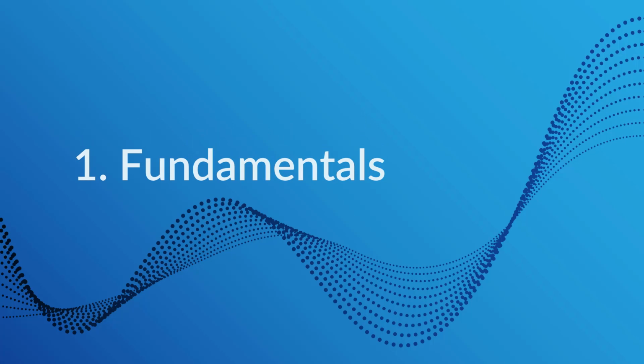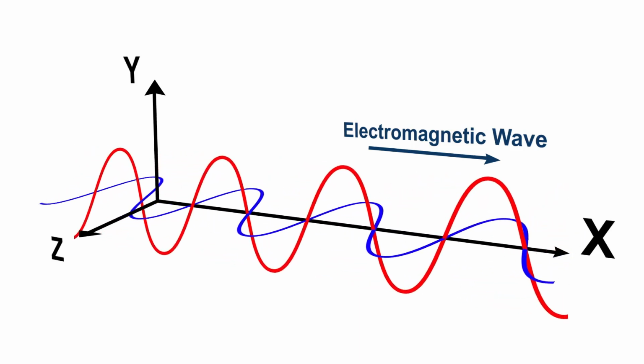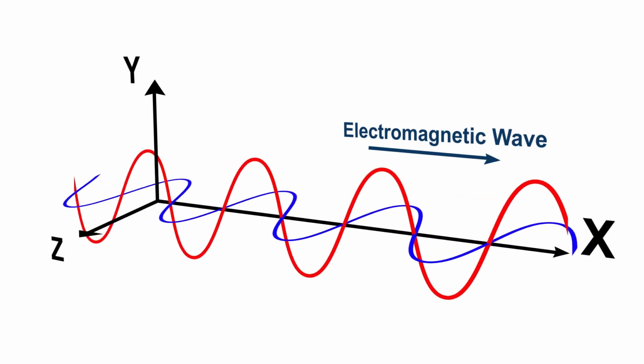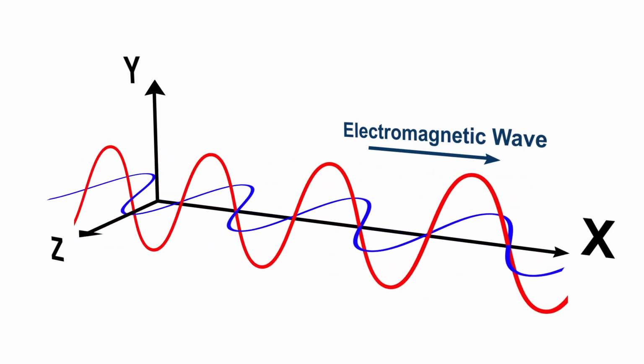In my earlier video, we talked about some fundamentals of electromagnetic radiation. For example, what is an electromagnetic wave? There is an electrical component and a magnetic component, propagating in a particular direction in space.